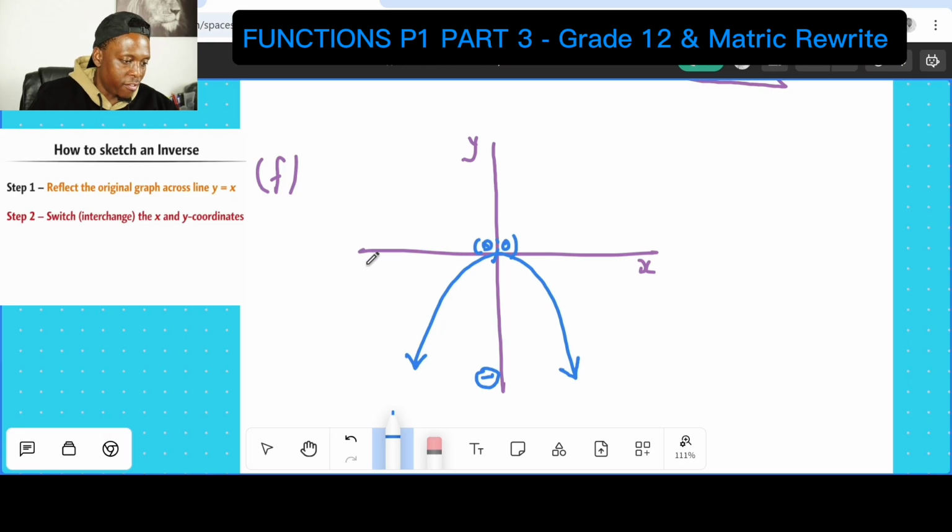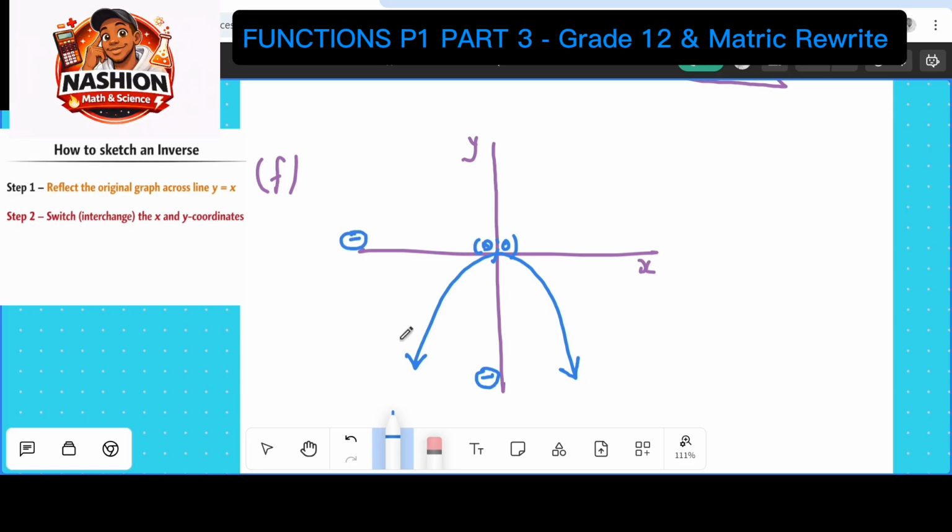So the inverse will point towards the negative x-axis. So y becomes x. Let's do it. It's going to be something like this.